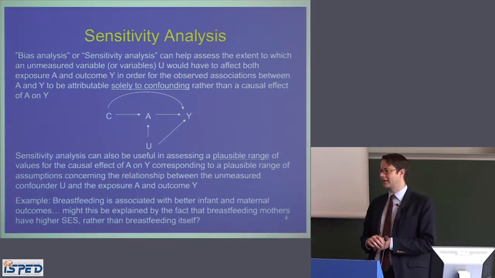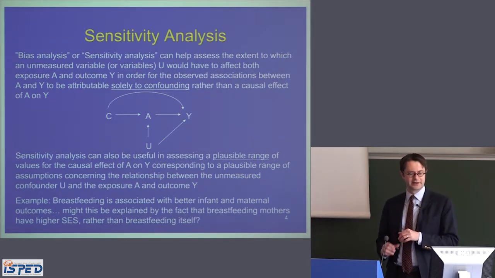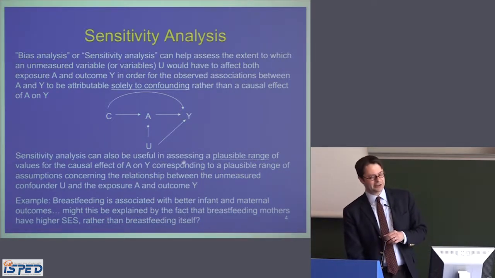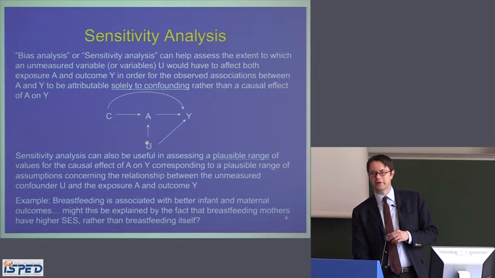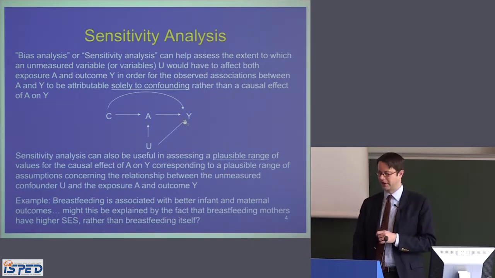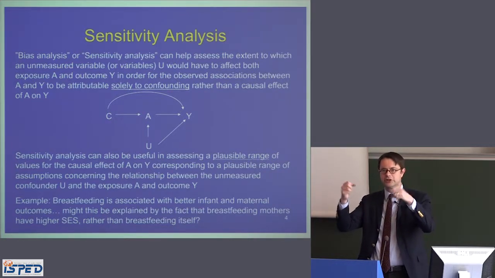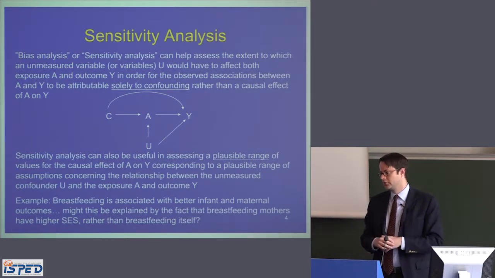So sensitivity analysis, or bias analysis, as it's sometimes called in the epidemiologic literature, is essentially trying to assess how strong would an unmeasured confounder have to be related both to our exposure and to our outcome for that observed exposure outcome association to be solely due to confounding.